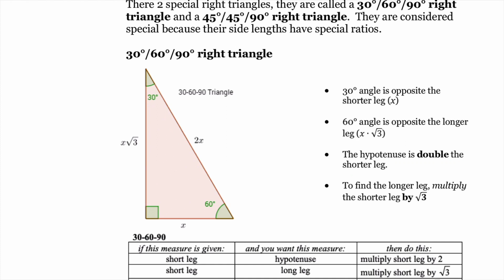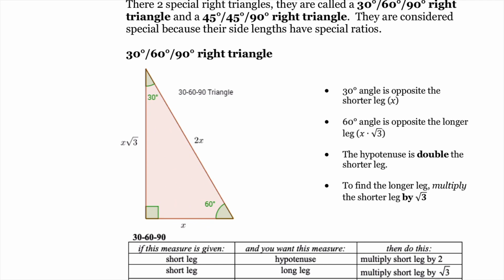Okay, so the first thing is 30. Opposite of the 30 is this side right here. Okay, that's x. Opposite of 60 is this guy right here. So whatever you got here, x, times the square root of 3, that's how long the long leg is, right?